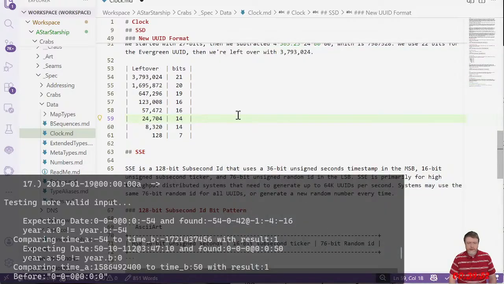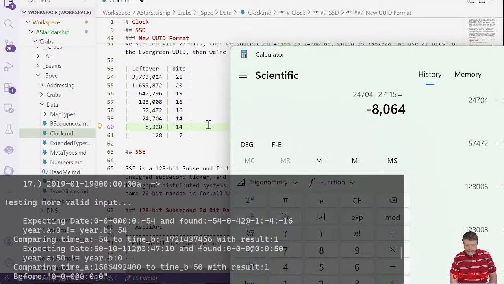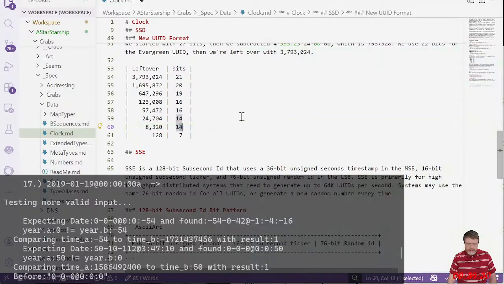It would have to be 14th because 2 to the 16th is 64K. 2 to the 15th is 64K. So now it is 2 to the 14th. And that's this. And then that's minus 2 to the, what, 13th? And that's 13.